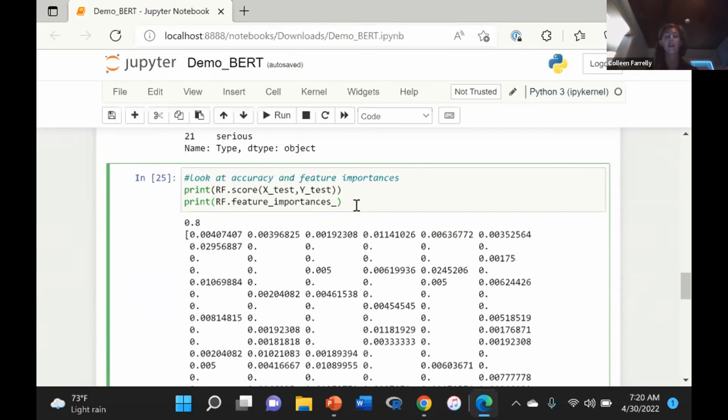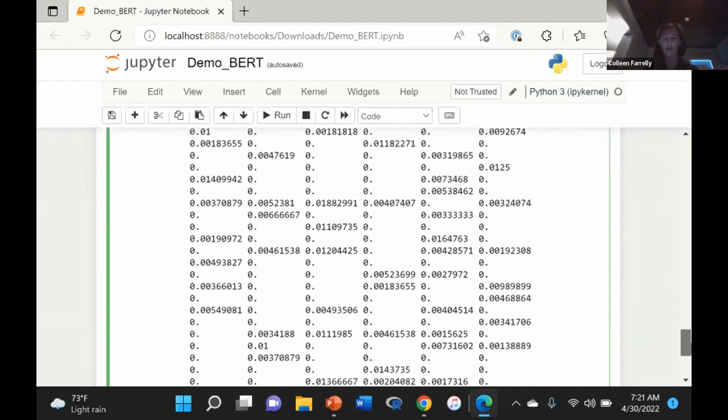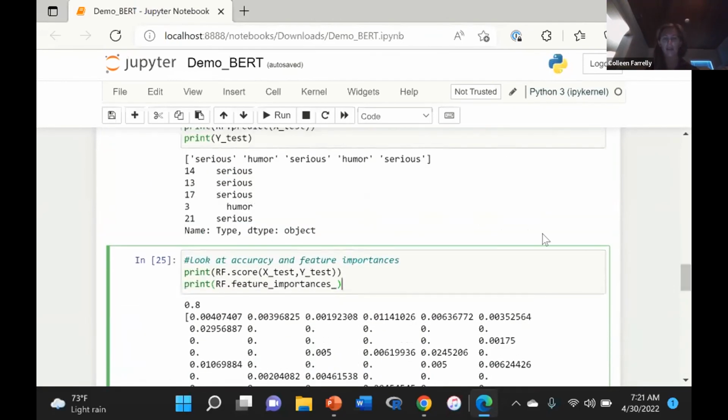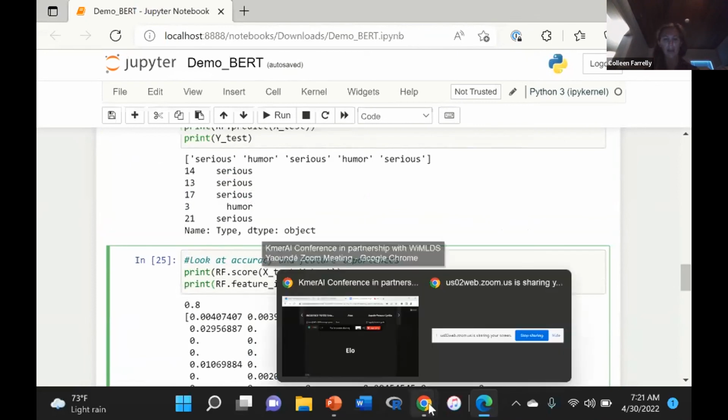But if you're working with text data and you happen to have maybe a frequency matrix or some derived features from the text, you can actually see which of those features is most important. So that is how we create a BERT model.